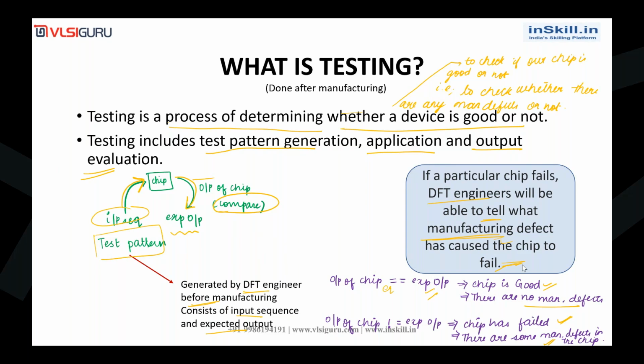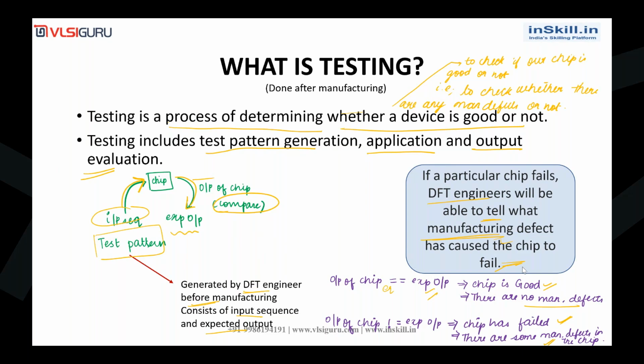So testing is a process of determining whether a device is good or not. To check if our chip is good or not, that is to check whether there are any manufacturing defects or not. Testing includes test pattern generation, application, and output evaluation. These test patterns are generated by the DFT engineer before manufacturing, consisting of the input sequence and expected output. The input sequence will be applied onto the chip, and the output of the chip will be compared with the expected output.